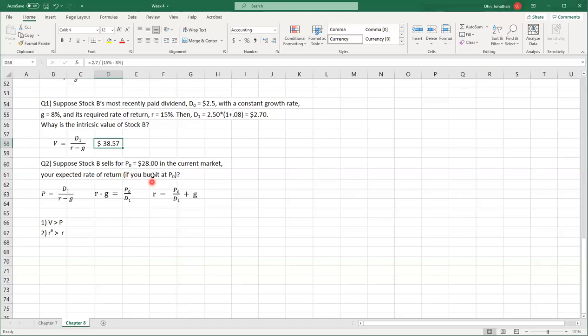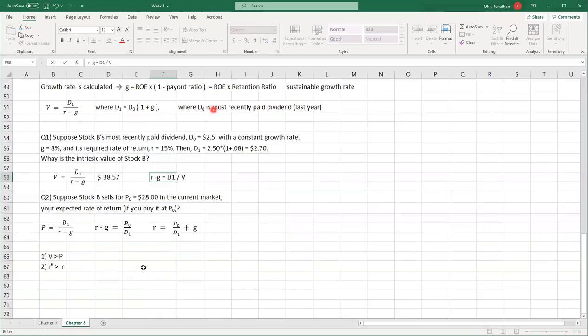So this question asks you to solve for R. If we change this one for R, look at this, step by step. R minus G should be equal to, based on this model, D1 over V. That is the model.